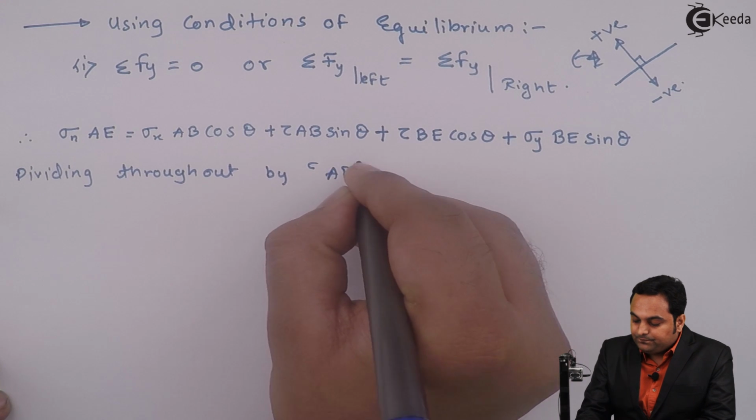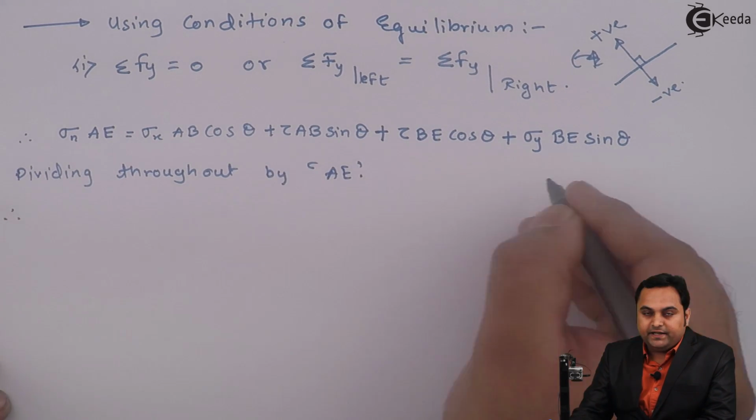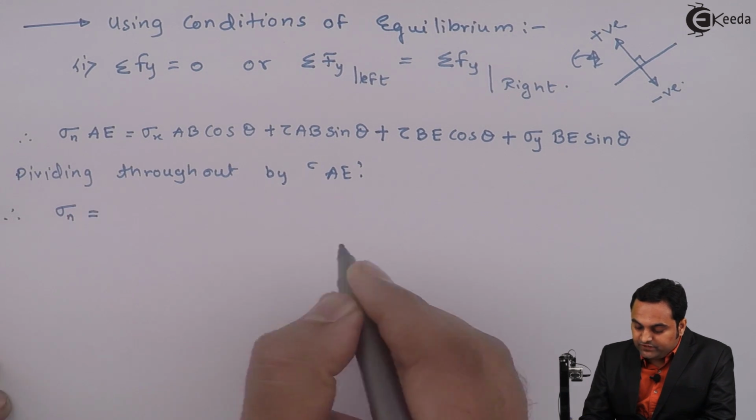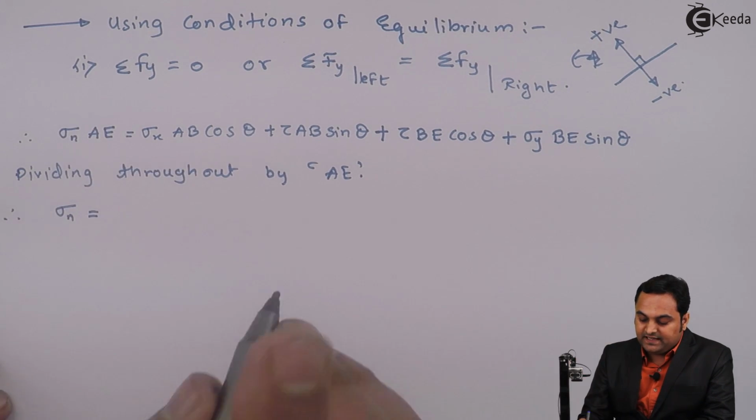Now after reaching this step, I'll say that dividing throughout by AE. Now when I divide throughout by AE, here I have sigma n on the left hand side, AE will get cancelled.